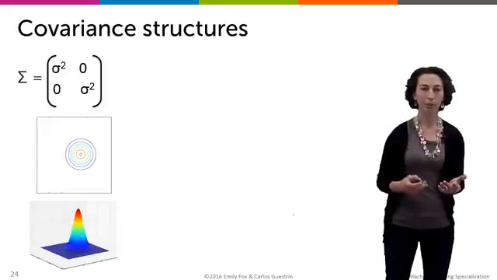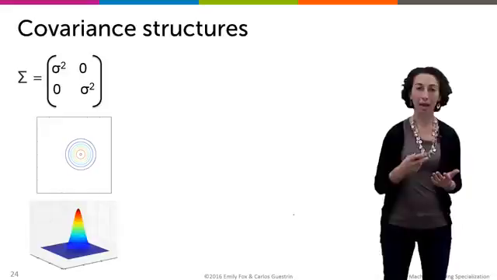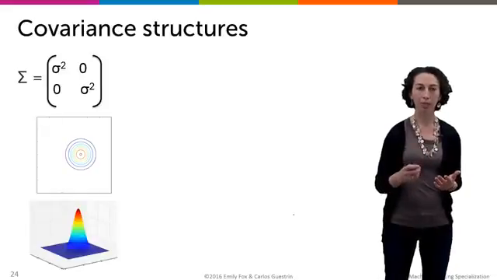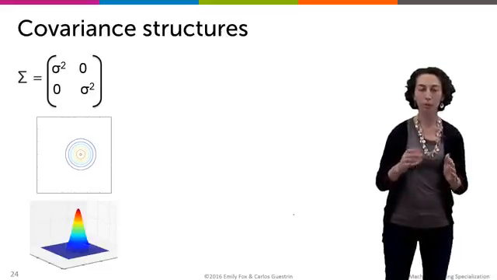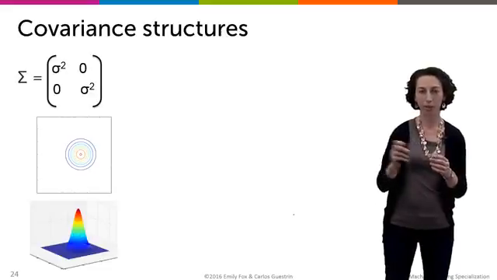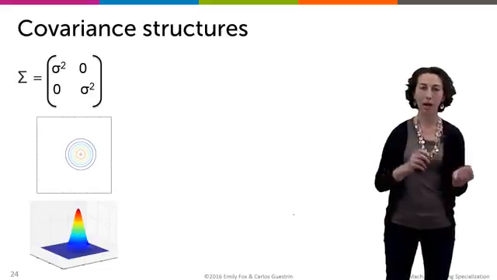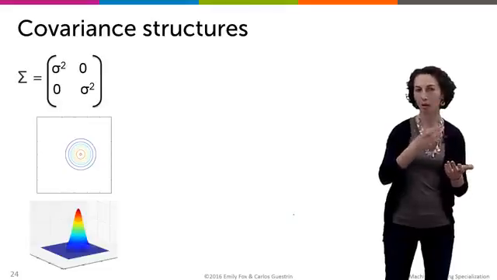Let's look at a few examples of covariance structures that we could specify. One is a diagonal covariance with equal elements along that diagonal. By specifying a diagonal covariance, what we're saying is that there's no correlation between our two random variables, because there are zeros in the off-diagonals. This means that one random variable, like the blue intensity, being high or low doesn't relate to whether the other random variable, like the green intensity, is high or low.